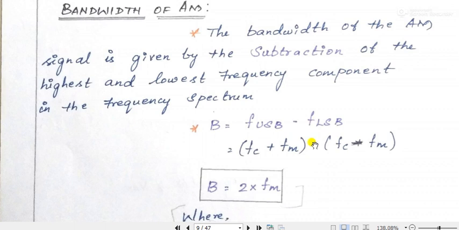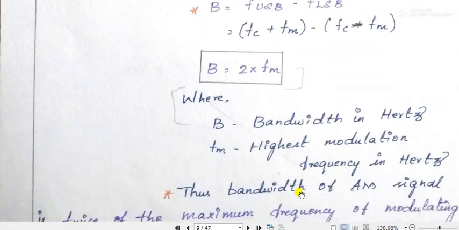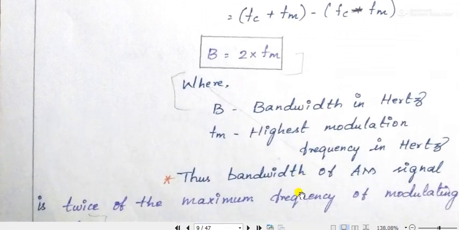Subtracting, the minus Fc and plus Fc cancel, leaving Fm plus Fm, that is 2Fm. So the bandwidth of an AM signal is twice the maximum frequency of the modulating signal, bandwidth equal to 2Fm.